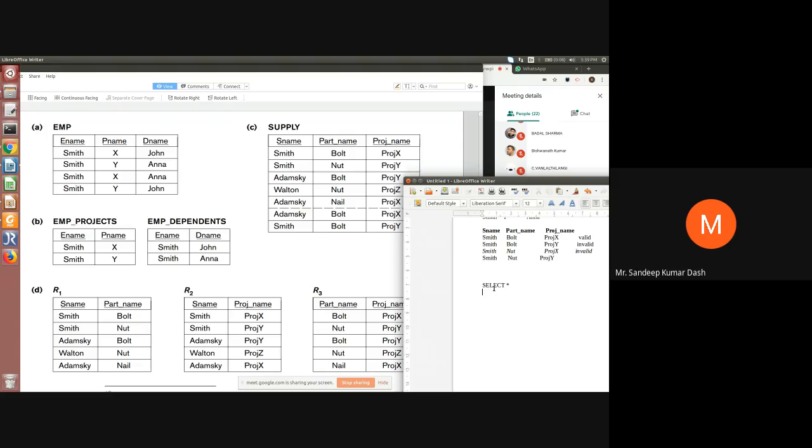Select star from R1, R2 where sname equals sname.